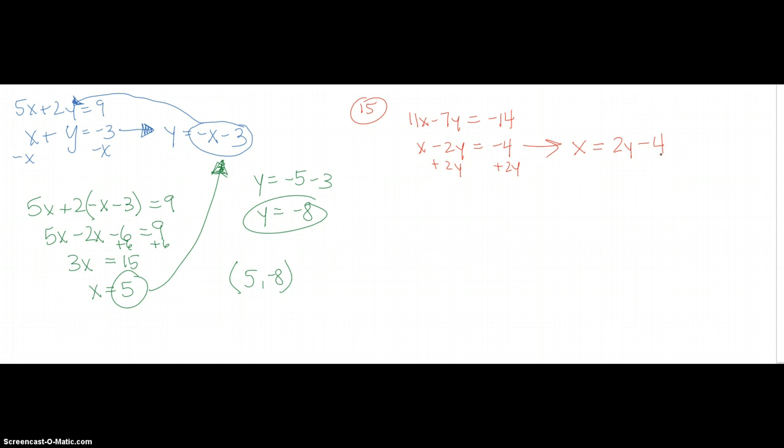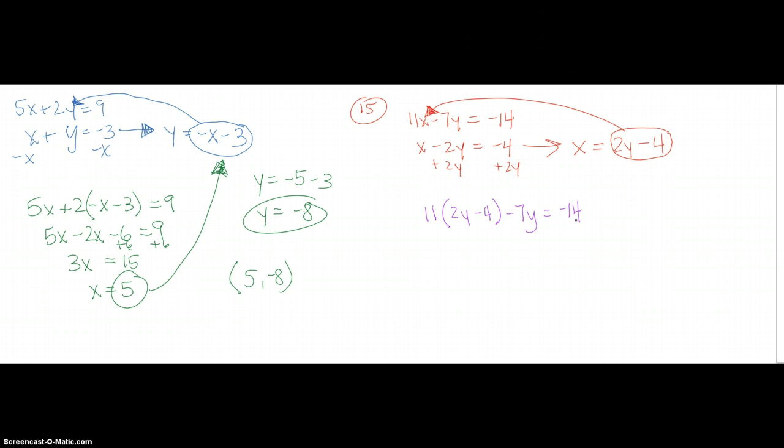So now that x equals that, I can take the 2y minus 4 and plug it in for x. So nothing in that equation is going to change except for I'm going to take the x out and I'm going to put 2y minus 4 in. So we'll have 11 times 2y minus 4 minus 7y equals negative 14.